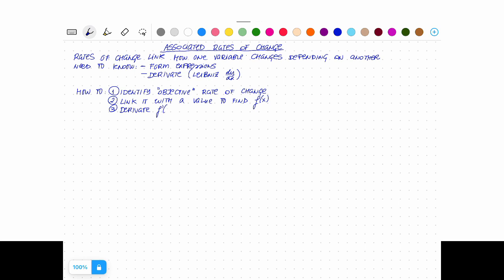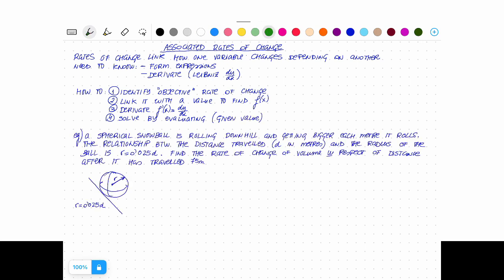So you can do f prime of x as dy dx. And once you've got that, then you're going to solve by evaluating, because they will have to give you a value. You need to evaluate somewhere. Okay, let's see this in an example so it makes a bit more sense.